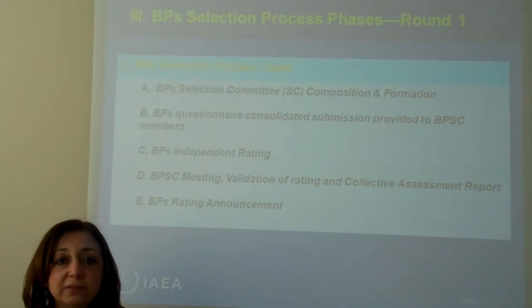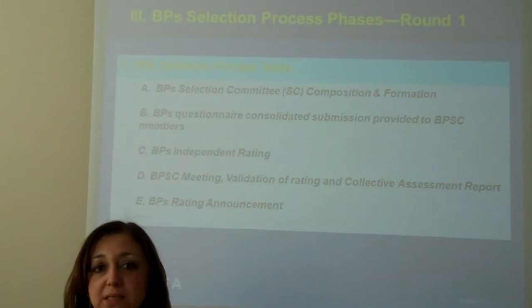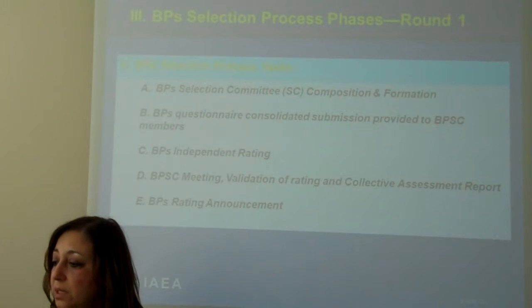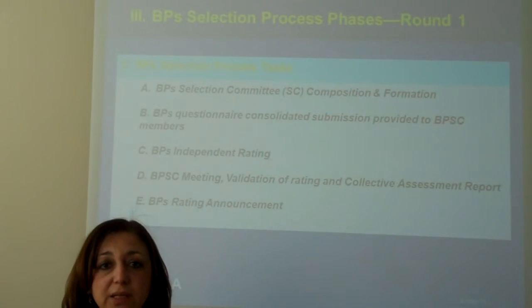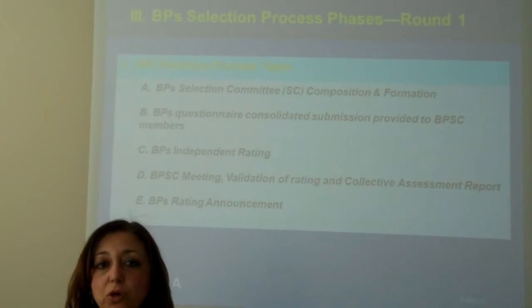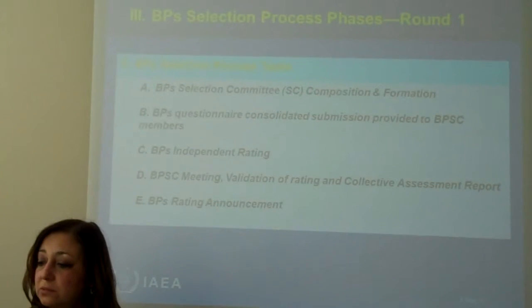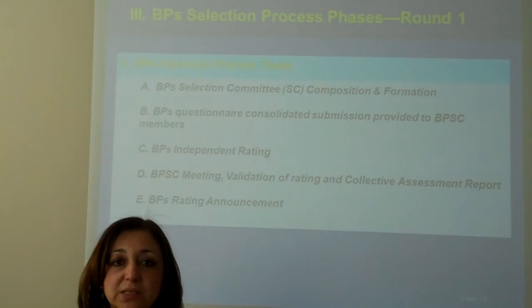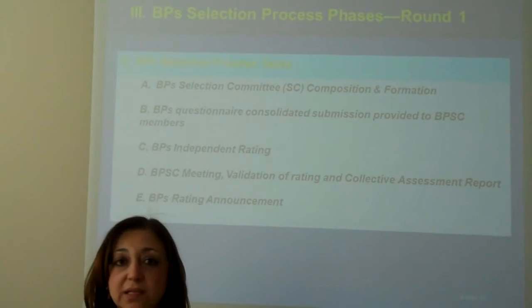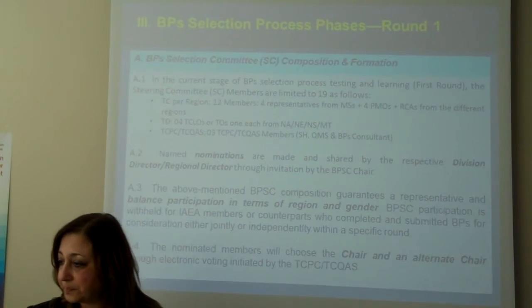After that, the independent and neutral rating of the best practices by each individual best practices selection committee member. And follows is the meeting for validation and random checking and agreeing on the mode of announcement of the best practices. And finally, it is the effective best practices announcement of the rating that has been deliberated and conceded upon by the selection committee.